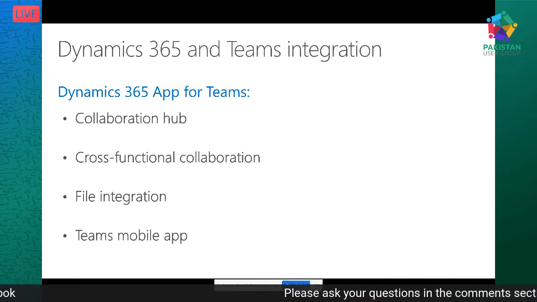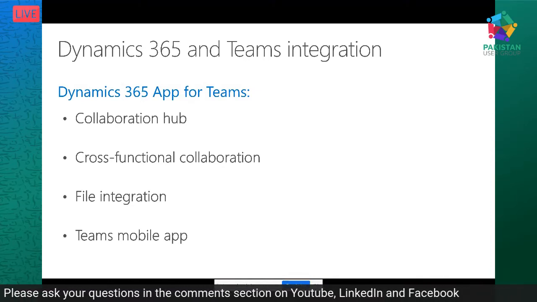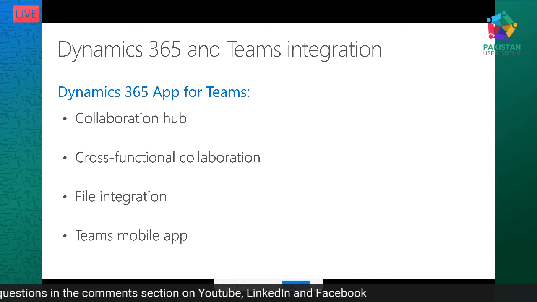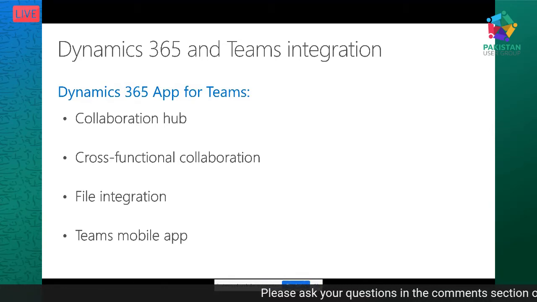Then you of course get the file integration. You can co-author the documents using Office 365, and you can automatically sync those files and folders to Dynamics 365 customer engagement apps, right?